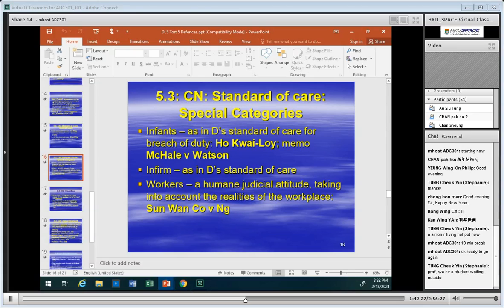So also with regard to the elderly, on page 132, the courts are very lenient on elderly people. So, you know, if you're an elderly person crossing the road, for example, and you fall over, then the courts are normally very sympathetic.